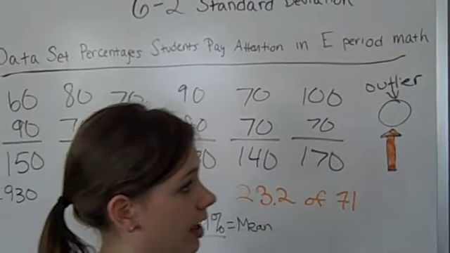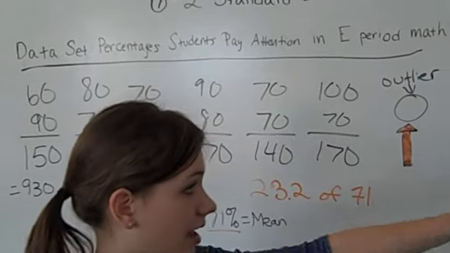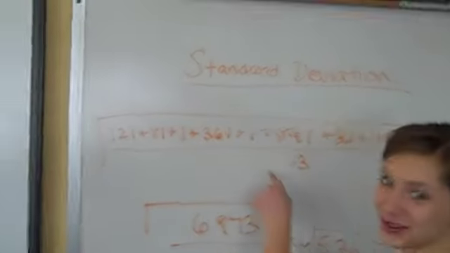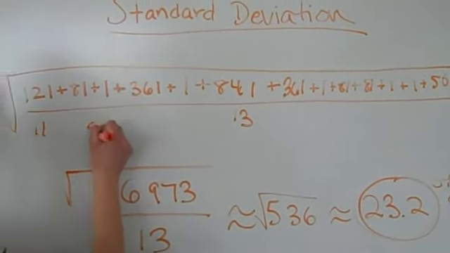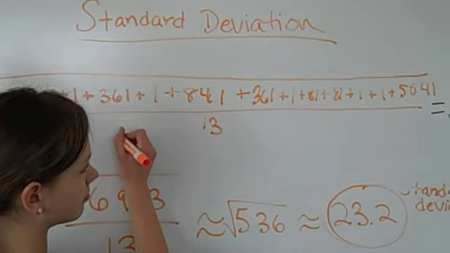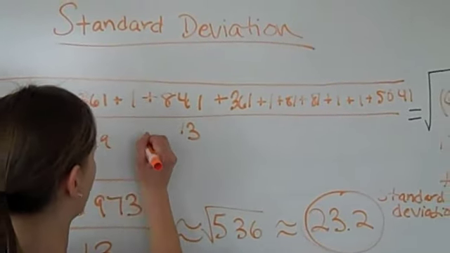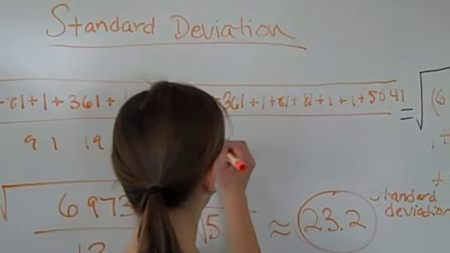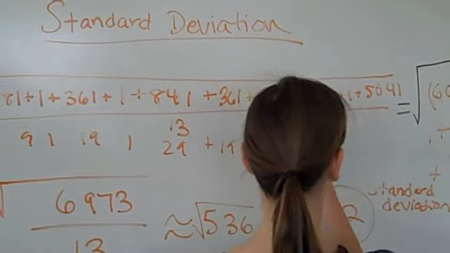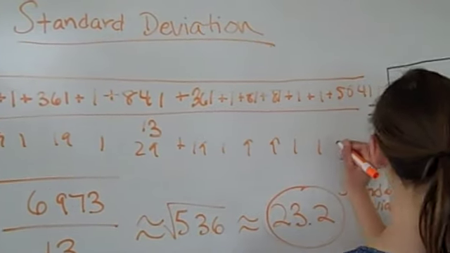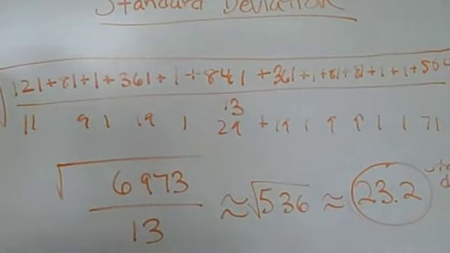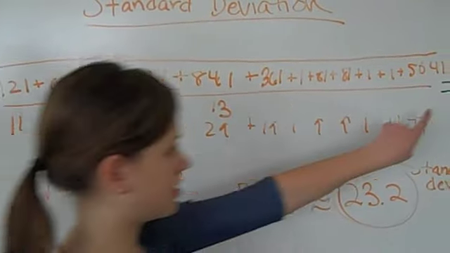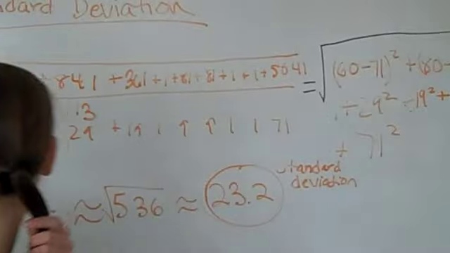So an easier way to do this is to go back over here and just take the square root of all of these and then see if they're within. So that's 11, 9, 1, I don't know what that was, 19, 1, 29, 19, 1, 9, 9, 1, 1, 71. So these are all the differences between the data points and the mean.